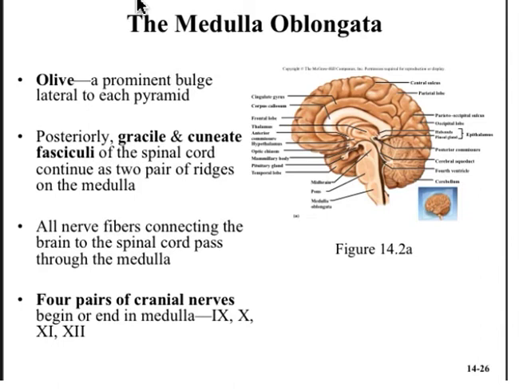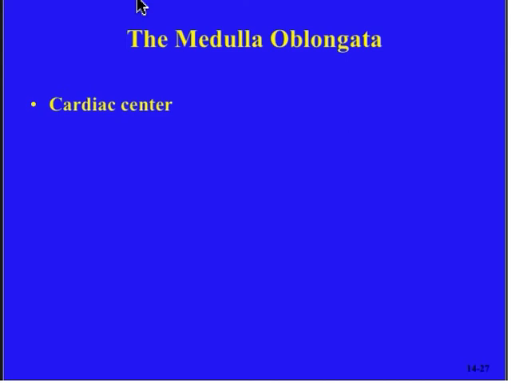Okay, as we move through the medulla, we note that it contains a cardiac center because the vagus nerve is associated with it, and the vagus nerve innervates the heart amongst several other viscera in the thoracic and abdominopelvic cavity. This adjusts the rate and the force of the heartbeat. It also contains a vasomotor center.